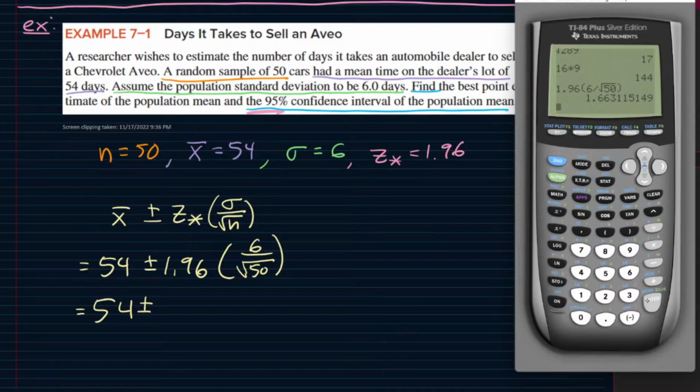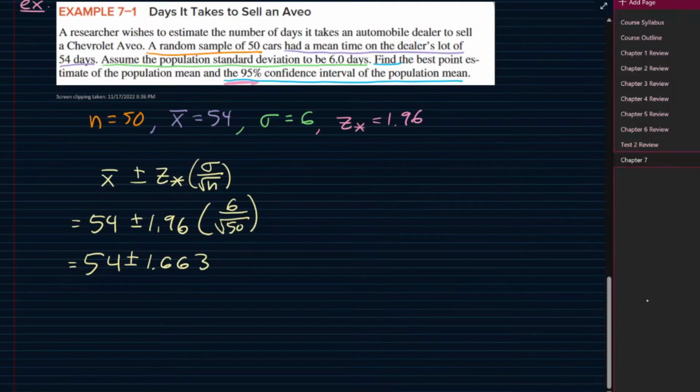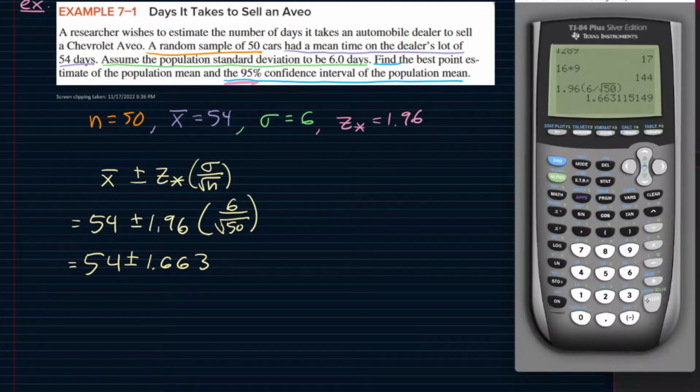This is fine because we're going to round for our final answer anyway, so we can do it here because there are no more calculations after this point for it to propagate through. So we just do 54 plus this value, 54 minus this value.